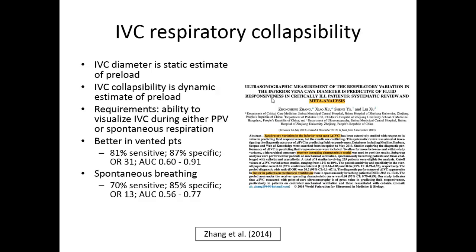Versus a patient sitting in the emergency department breathing on their own, you put a probe on their belly, they take a breath in, they breathe out, they take the next breath in, maybe you push the probe a little harder and they take a big breath or they take a small breath, and there's variation there that you can't control for. So it's not surprising that spontaneous inspiration is less effective than controlled respiration, positive pressure ventilation.